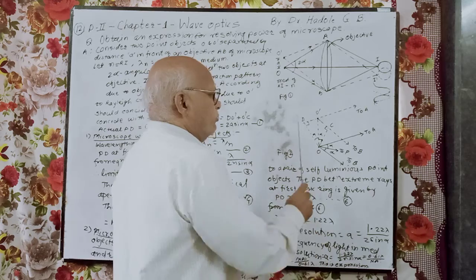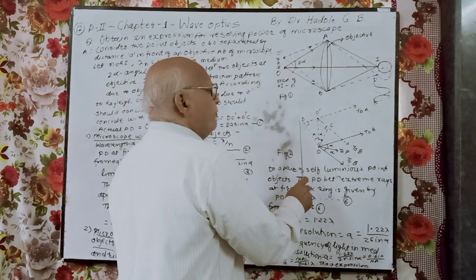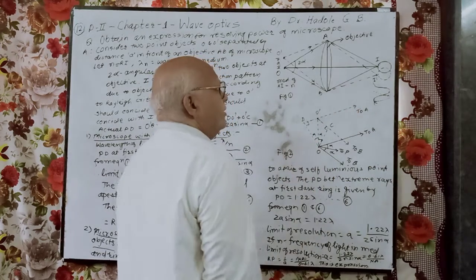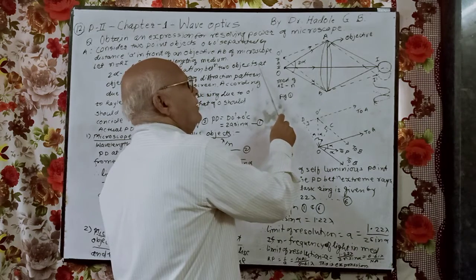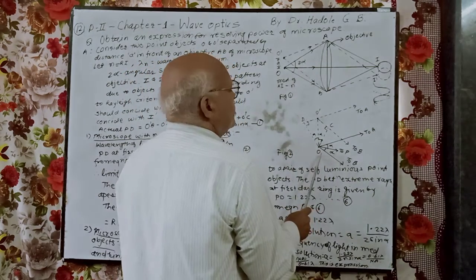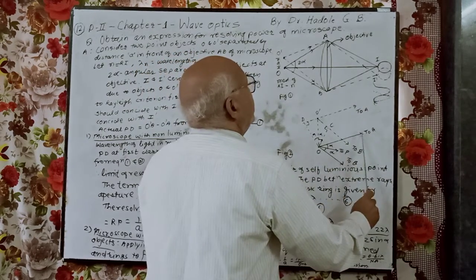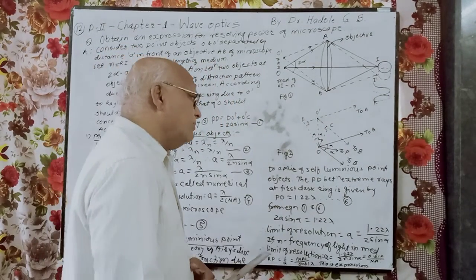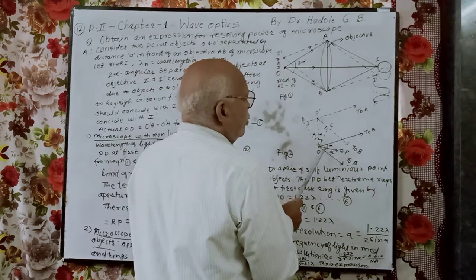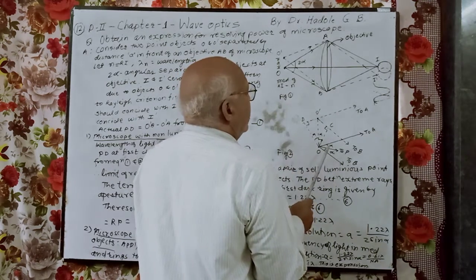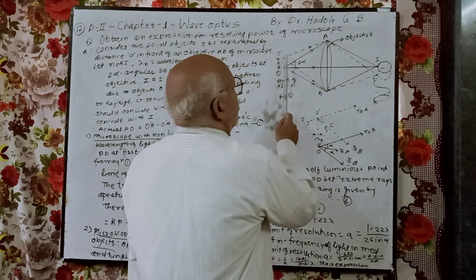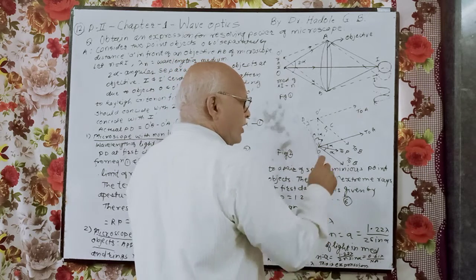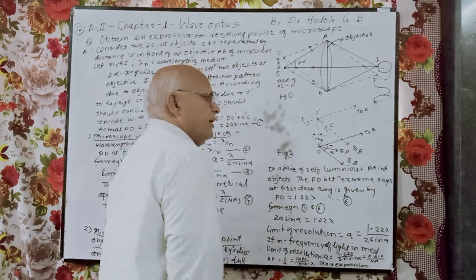Suppose the light is coming from D. It travels in this direction to A. The light is traveling to point A. At the same time, the light is traveling from O to B, and O dash to B. By doing some geometry, we can obtain such a diagram.